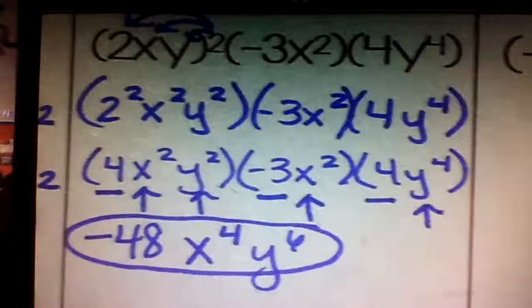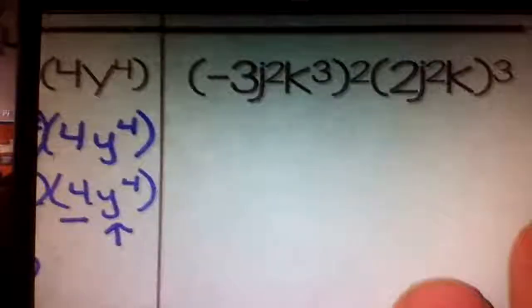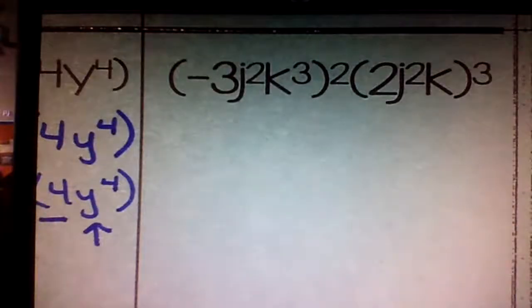Either that one was easy or you guys are getting super good at this. So you know how the exponent became what's inside? You have exponents. You multiply the exponents.